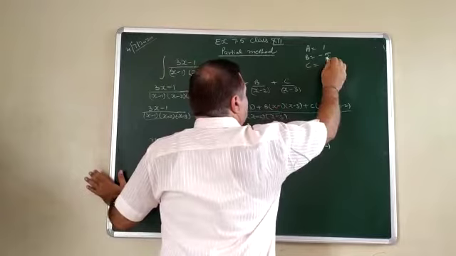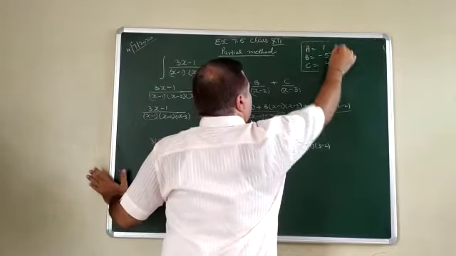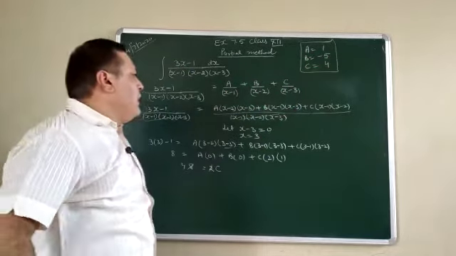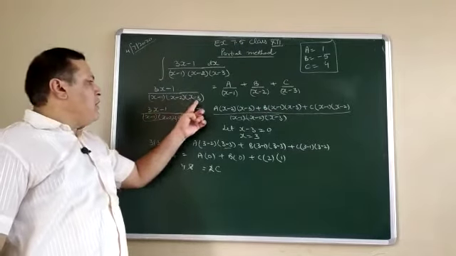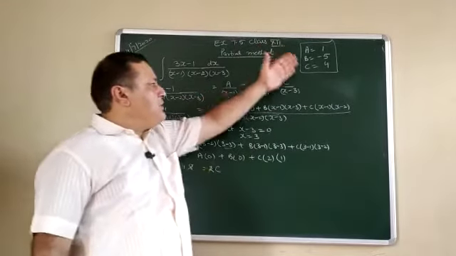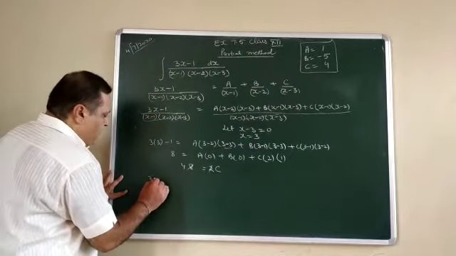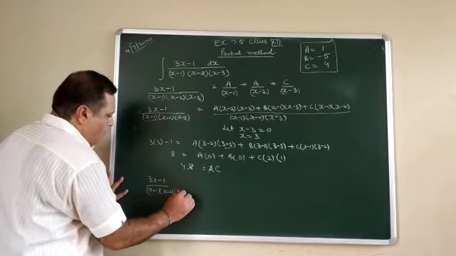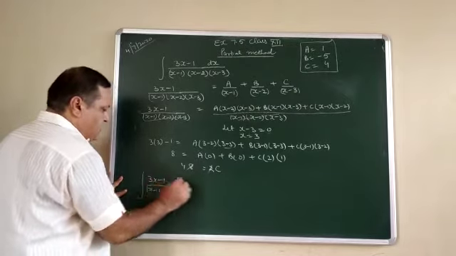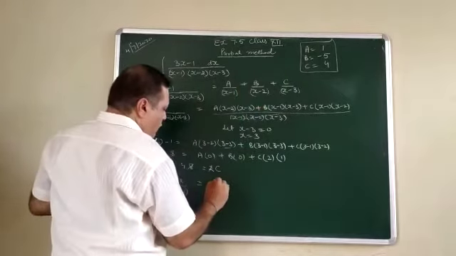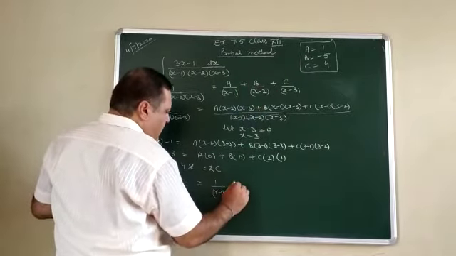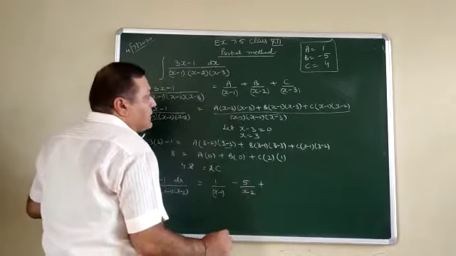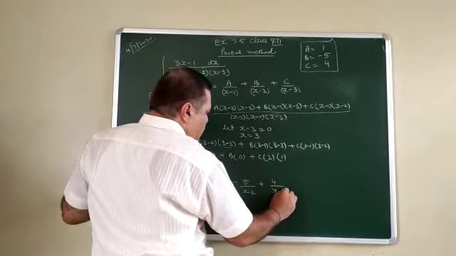So from all these terms we calculate the following values: A is equal to 1, B is equal to minus 5 and C is equal to 4. It means that the function which is in the form of a product can now be written in the form of addition or subtraction. See this one: (3x minus 1) upon (x minus 1)(x minus 2)(x minus 3) dx is equal to 1 upon (x minus 1) minus 5 upon (x minus 2) plus 4 upon (x minus 3).